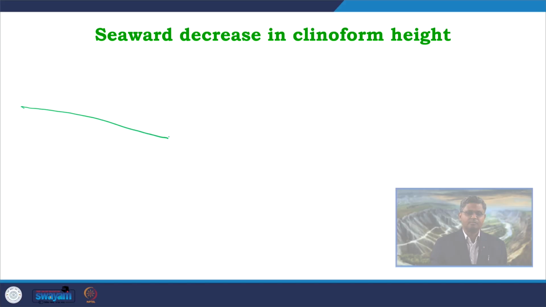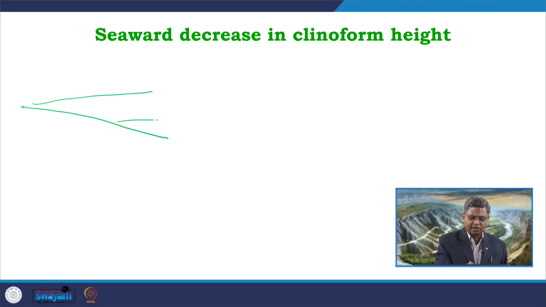We can try to understand this with a simple diagram. Say, for example, if this is the shelf area, and in that shelf area the base level is gradually falling down like this, from here to here, during the forced regression. For the first stage, the amount of accommodation available for the delta to form is up to this much.